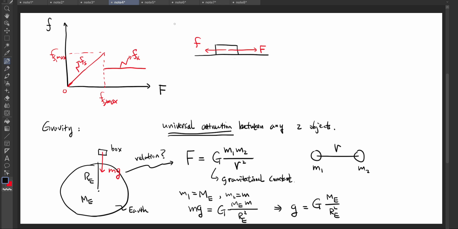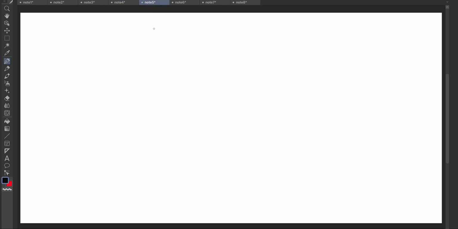Okay, so now with various forces, we need to think about vector summations, which is called net force. The concept of net force is simply the vector summation of all forces on an object.